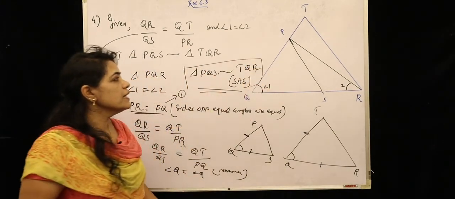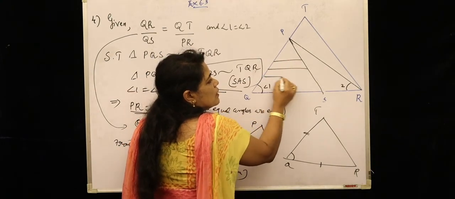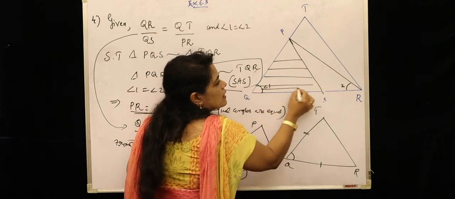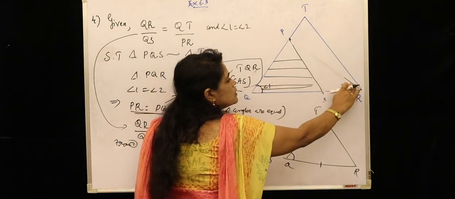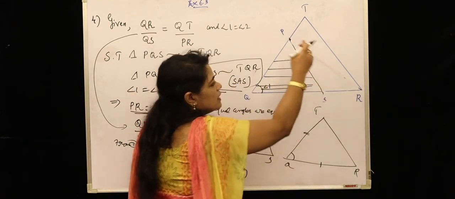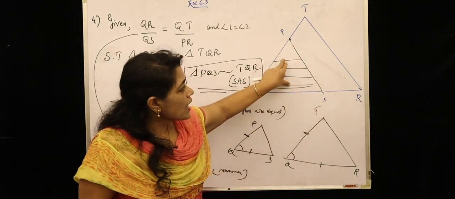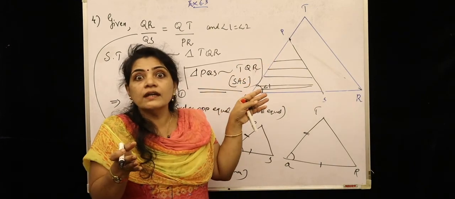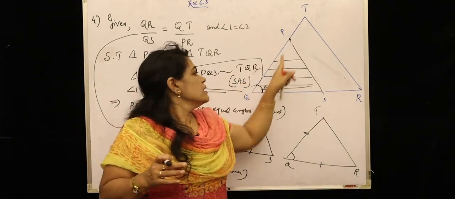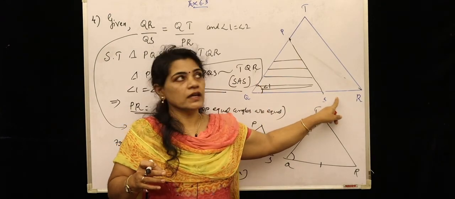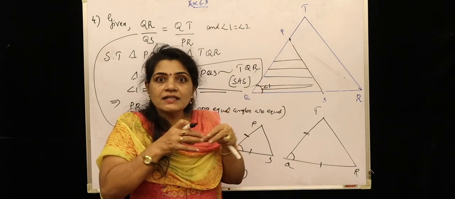We have proved that triangle PQS is similar to this big triangle TQR. You see that this triangle is the miniature form of the big triangle TQR, and PQS lies inside it.